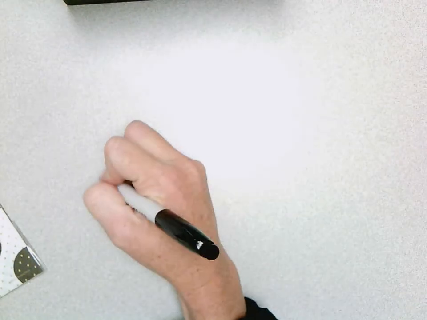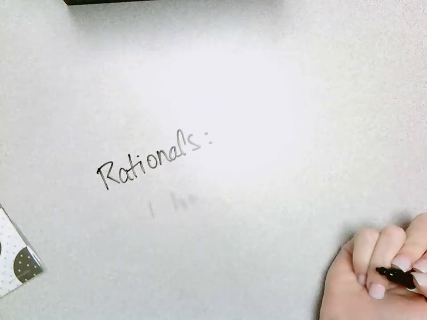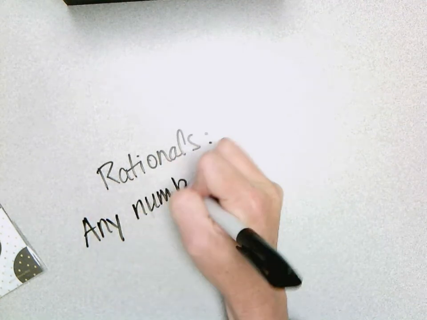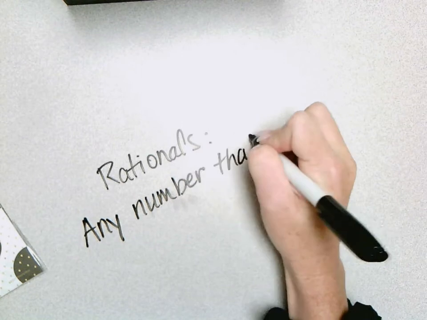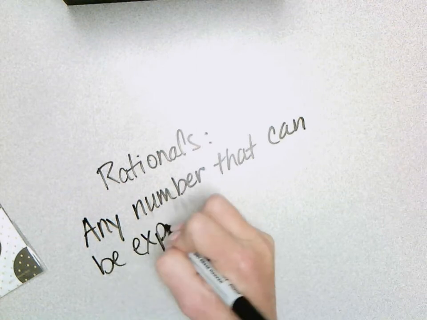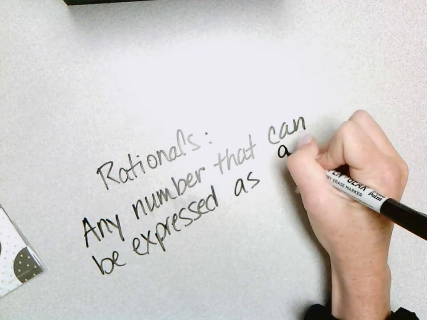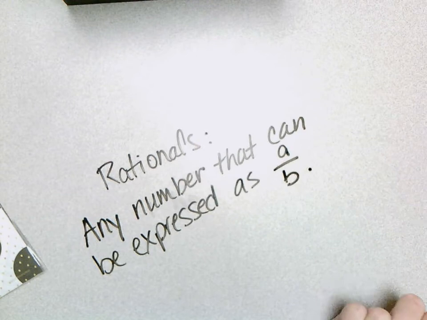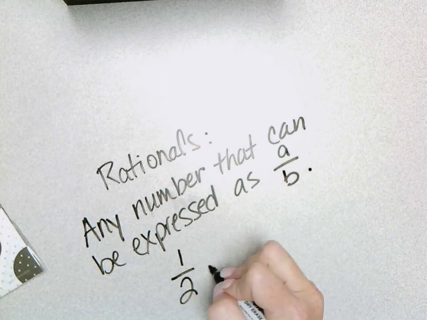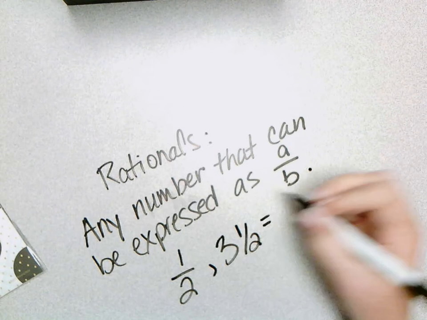Okay, so last year we talked about rational numbers. Quick review of what a rational number is. It's any number that can be expressed as A over B. Okay, so things like 1/2, 3.5, because that's the same as 7 over 2.